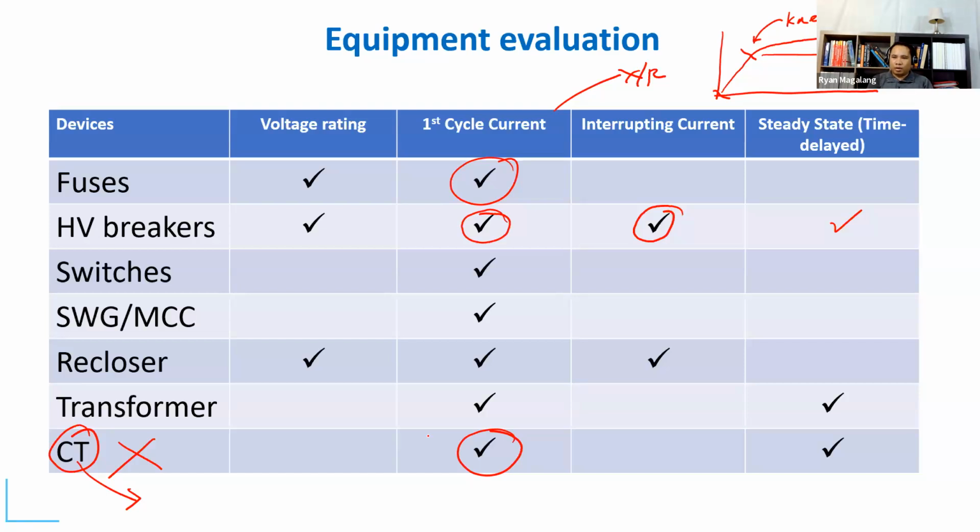So the fault contribution of your solar is basically your full load rating of your solar panel. So yes, I would say you can try to accommodate for that. But that's the best answer that I could give, I think.